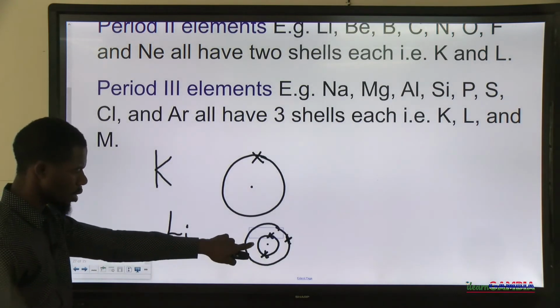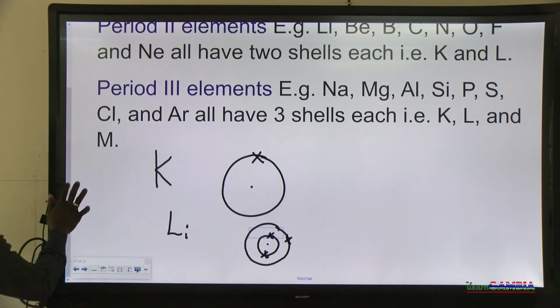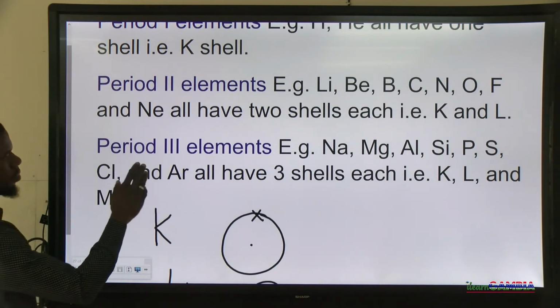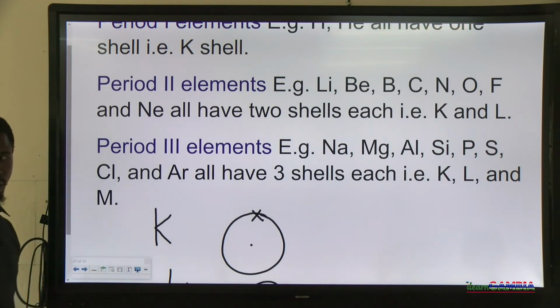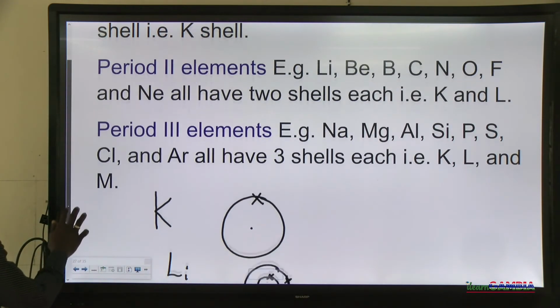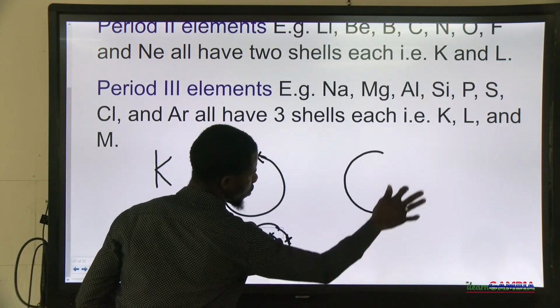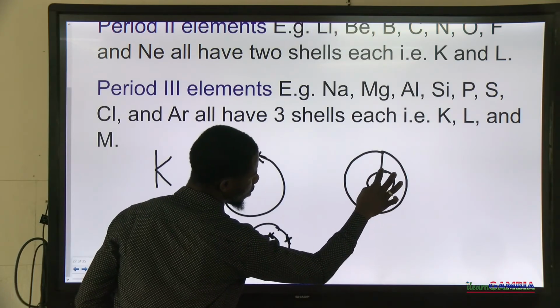So because it has 2 shells, therefore it is in period 2, as we have seen in the example here. Lithium, beryllium, boron, carbon, nitrogen, oxygen, fluorine and neon, they all have 2 shells in their electronic configuration. That is the K and the L shell. So this is how we usually represent that. This is the K shell.